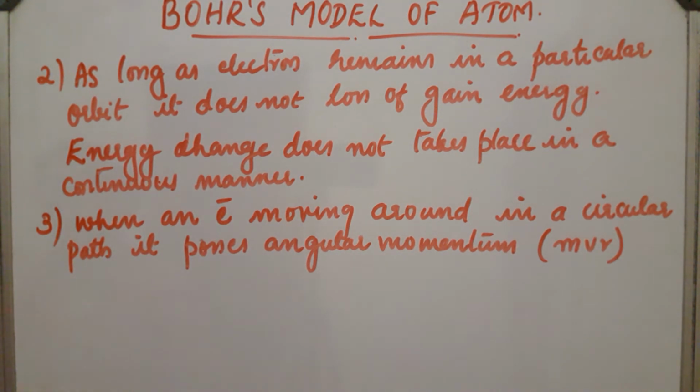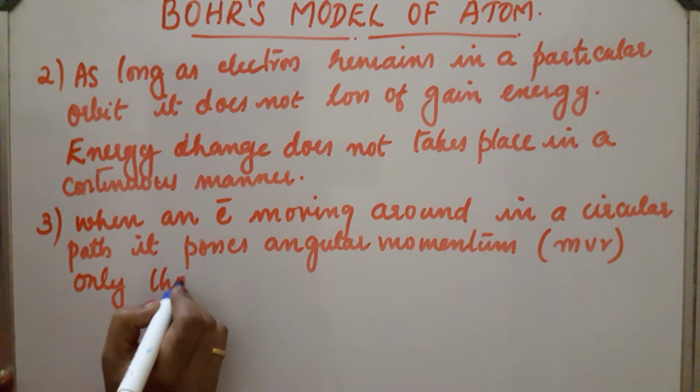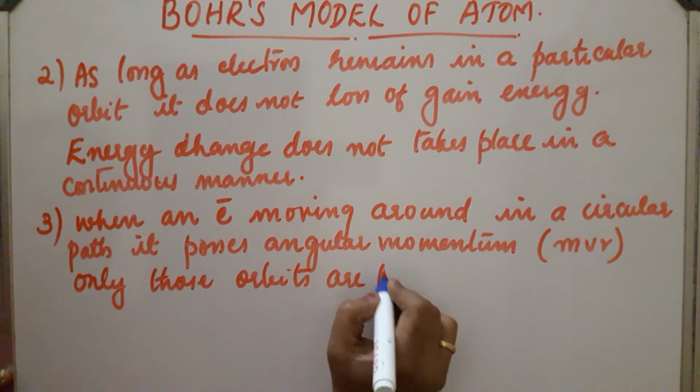The important point here is that only those orbits are permitted or allowed in which the angular momentum of the electron is a whole number multiple of h by 2 pi.